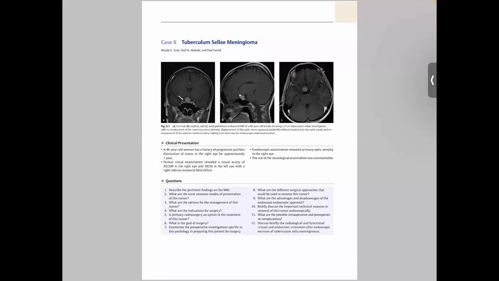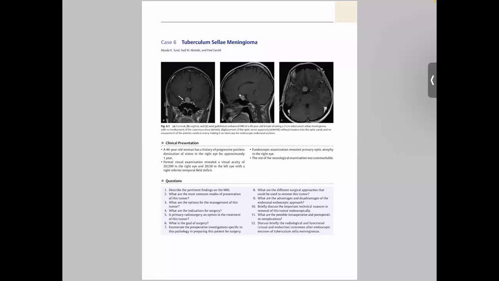Okay, I think also differentiating the OGM from the tuberculum sellae meningioma can be done based on the clinical presentation of the patient, whereby in the OGM you'll have olfactory symptoms presenting first.